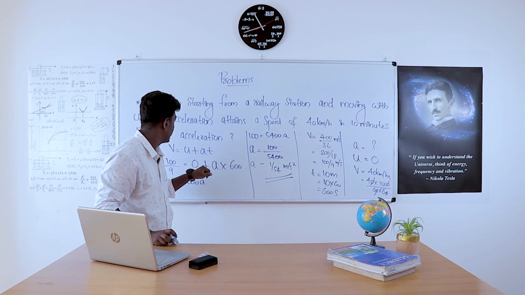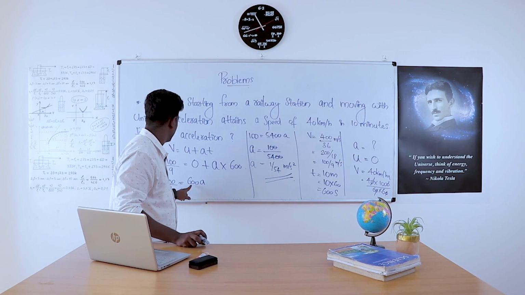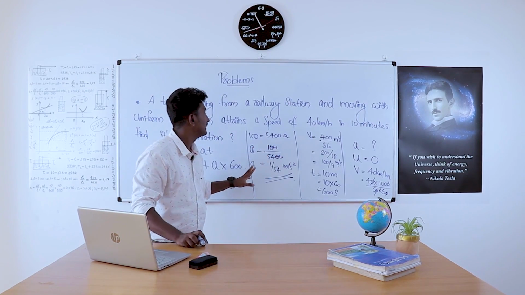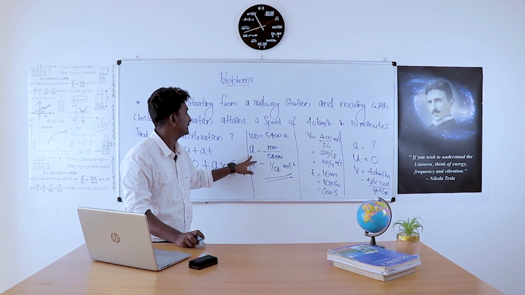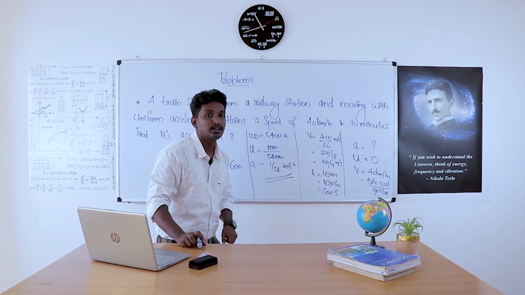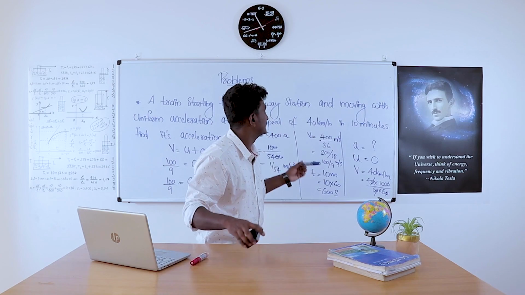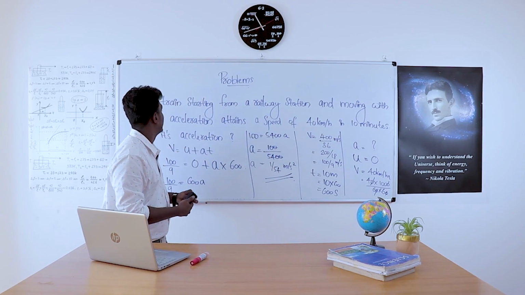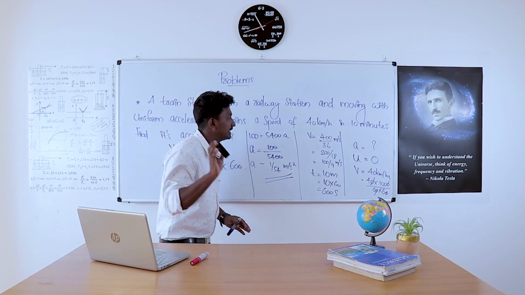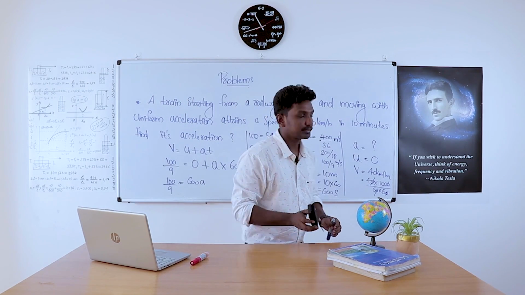Just cross multiplying, we get 100 is equal to 600 a into 9. 9 into 6, 54. Therefore, 5400 a. Therefore, a is equal to 100 by 5400, that is 1 by 54 meter per second square. This is the acceleration attained by this train. I think it's clear how to solve this problem.